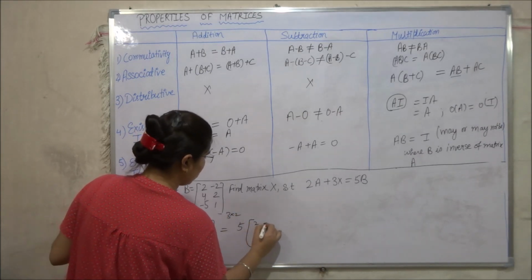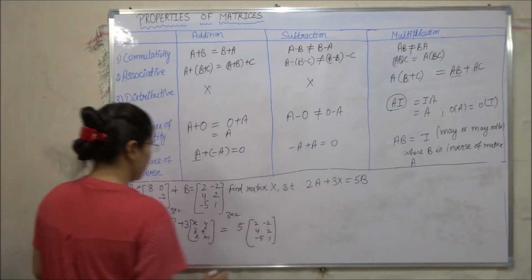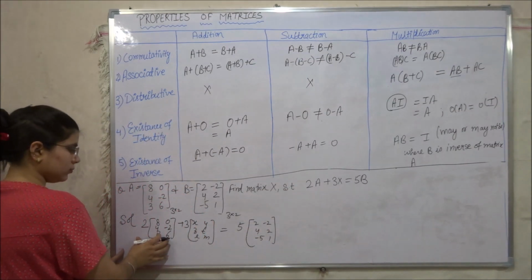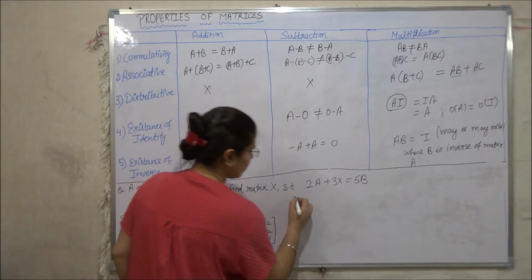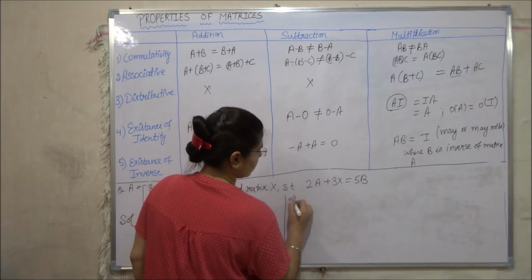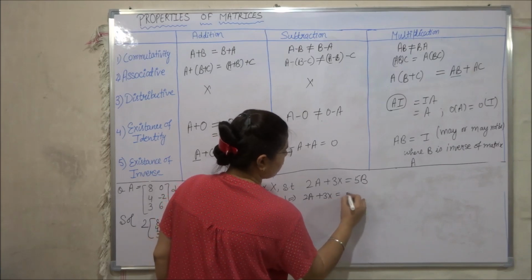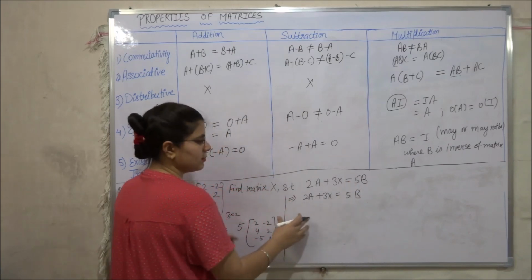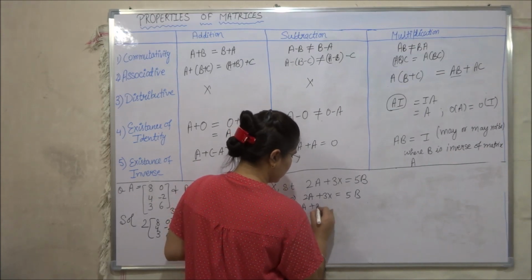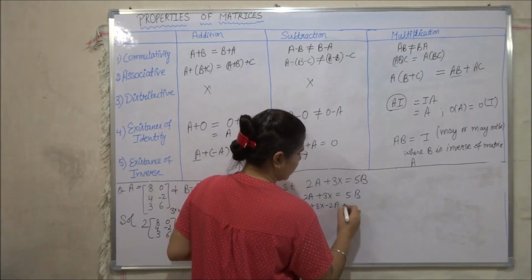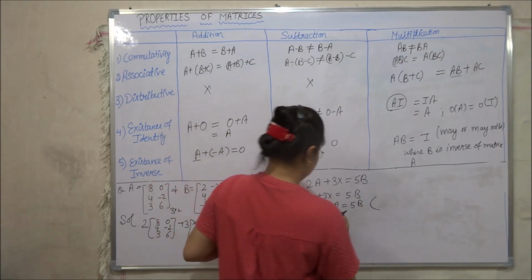Matrix B will be 2 minus 2 4, 2 minus 5 1. Now we can write it in a simple form also: 2A plus 3X equals 5B. Now subtracting 2A on both sides, 2A plus 3X minus 2A equals 5B minus 2A.